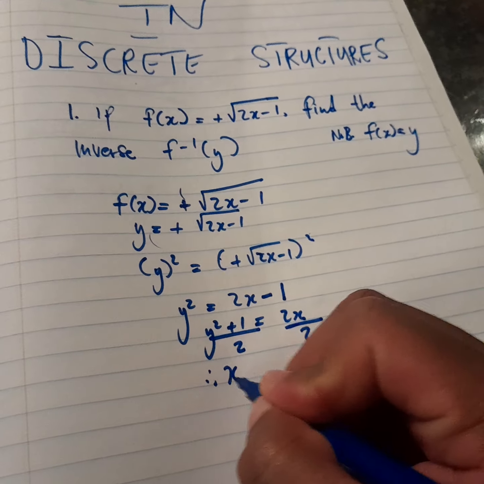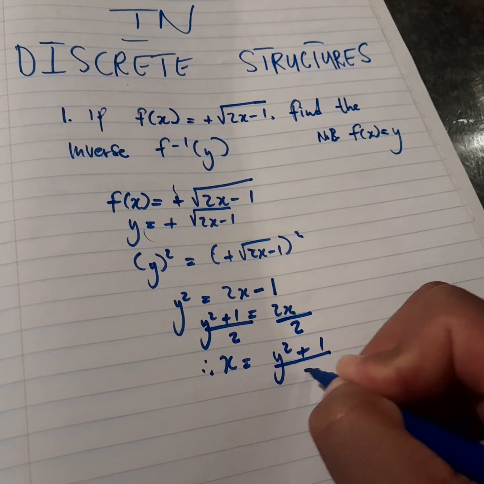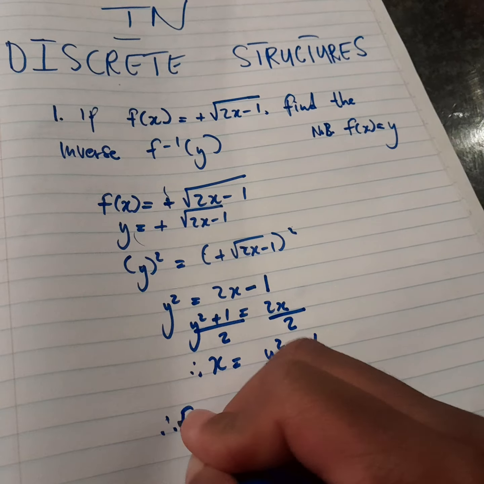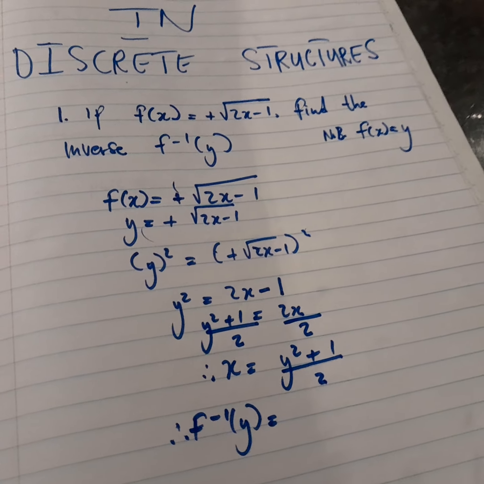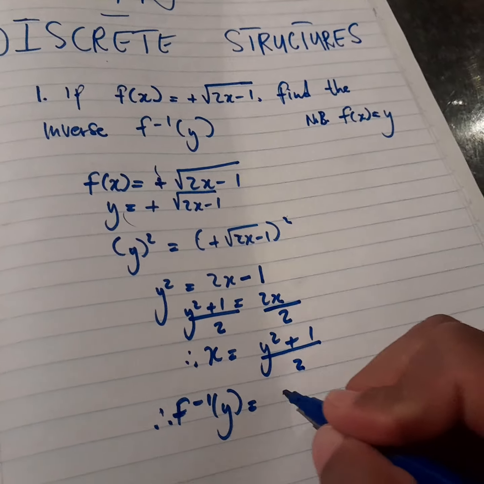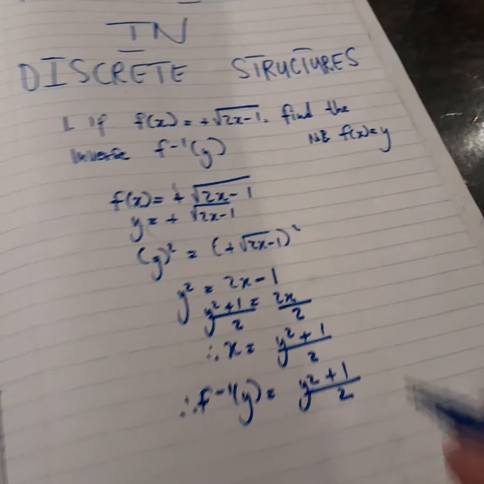Therefore, your x is equal to y squared plus 1 divided by 2. So you can conclude that f at y, the inverse of f of x, is y squared plus 1 over 2. Then you are done with your answer.